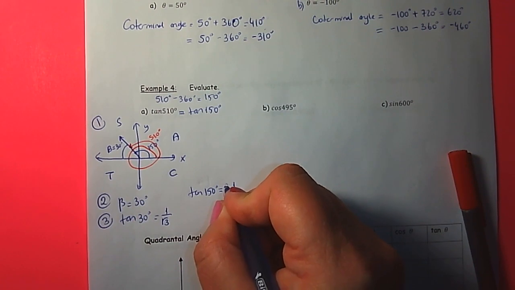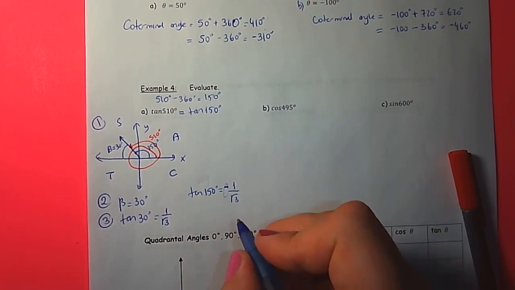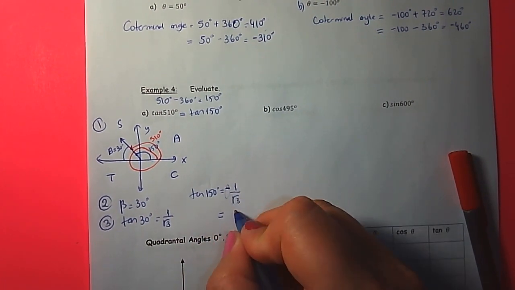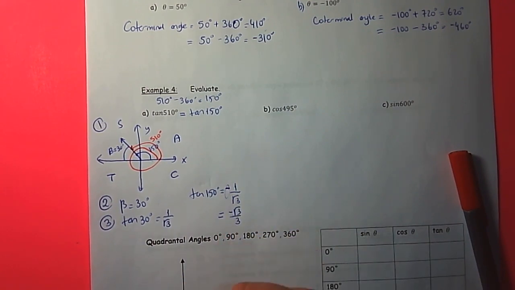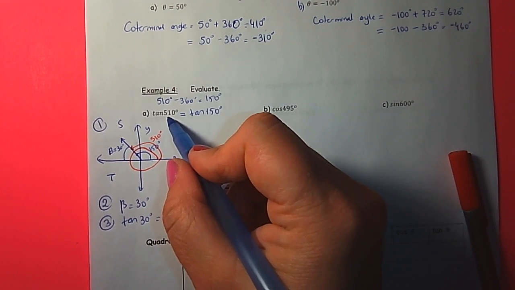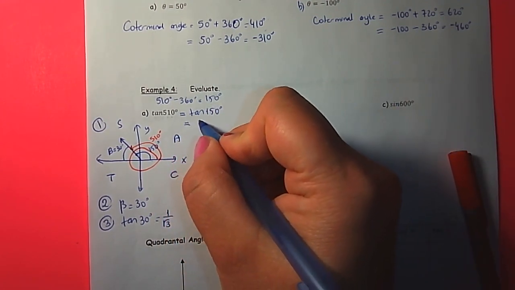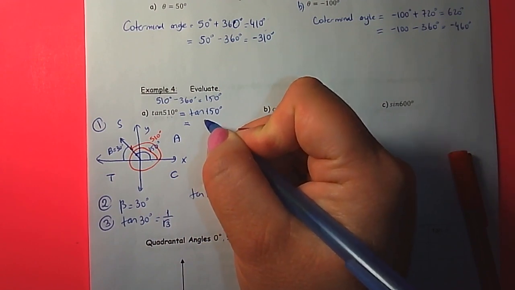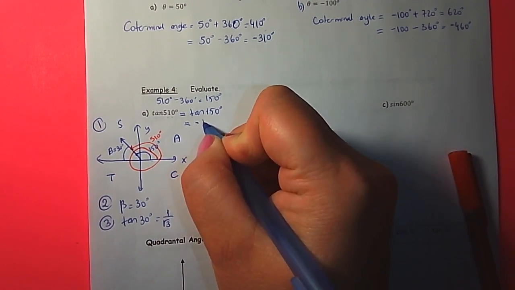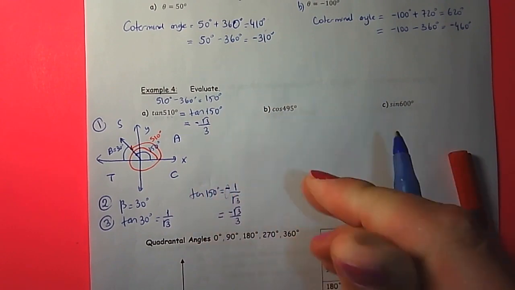So tangent 150 is negative 1 over root 3, or if we rationalize it, negative root 3 over 3. Since tangent 510 is equal to tangent 150, tangent 510 degrees is negative root 3 over 3.